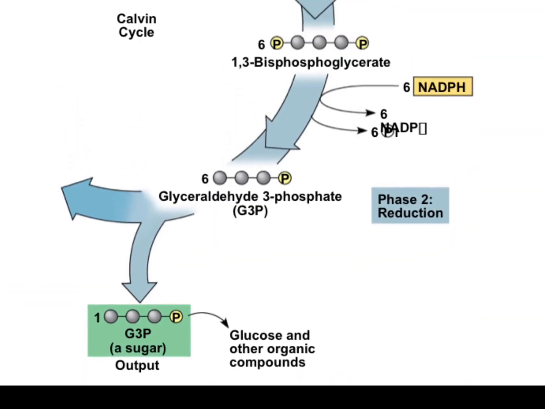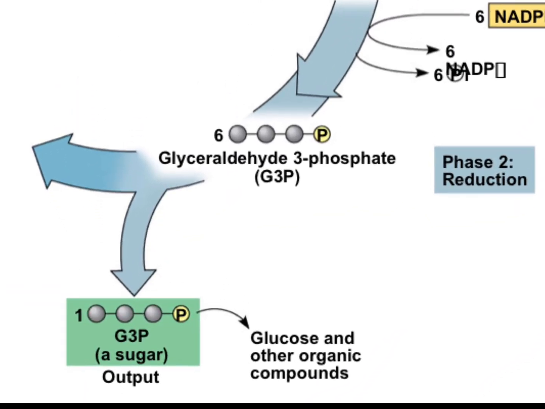Next, the process of converting the CO2 to carbohydrate begins. This phase is called the carbon dioxide reduction phase because we're adding electrons and energy to CO2 molecules. During this phase, a sequence of reactions uses NADPH and some of the ATP from the light reaction. These molecules supply the needed electrons and energy for CO2 reduction.